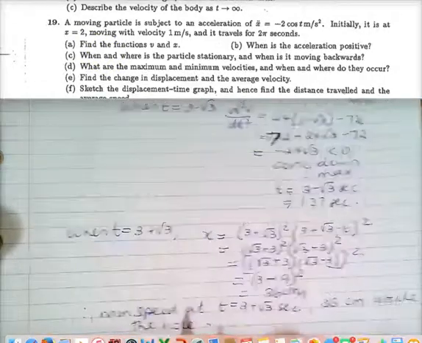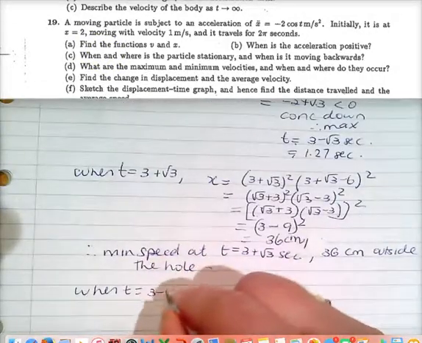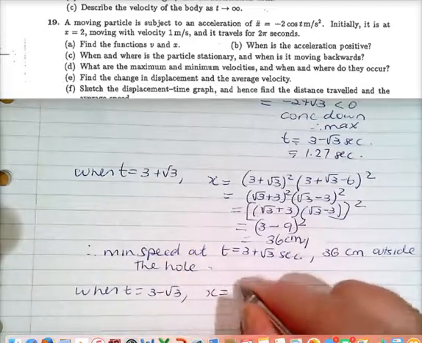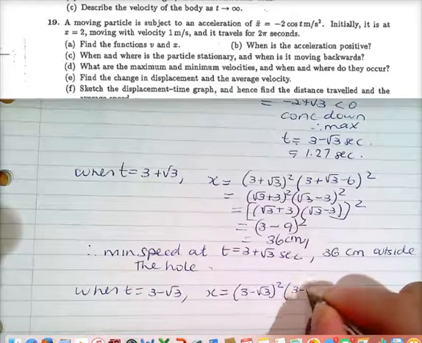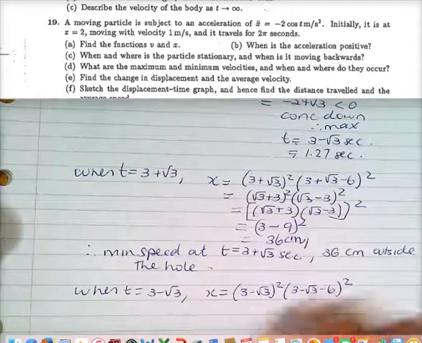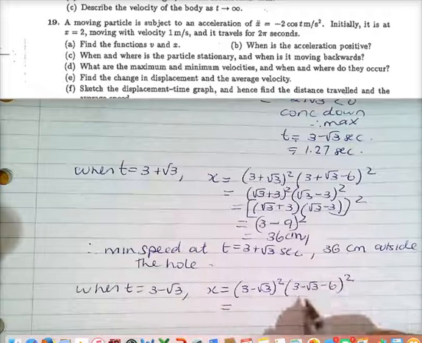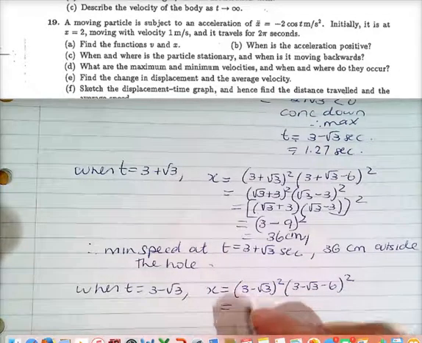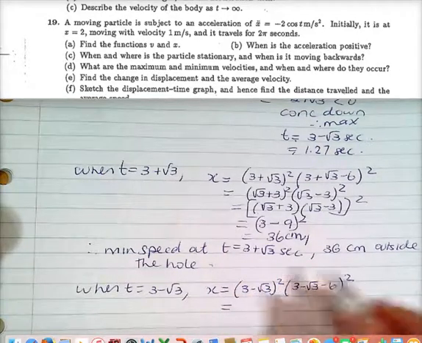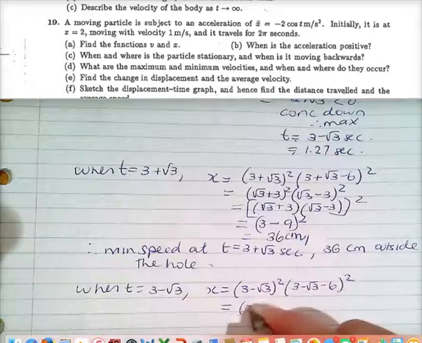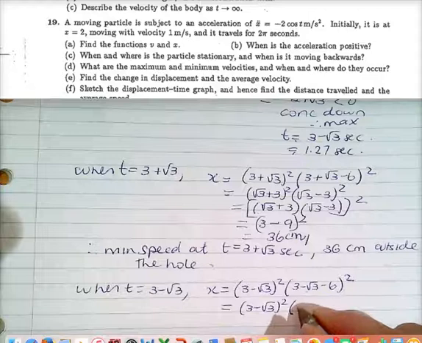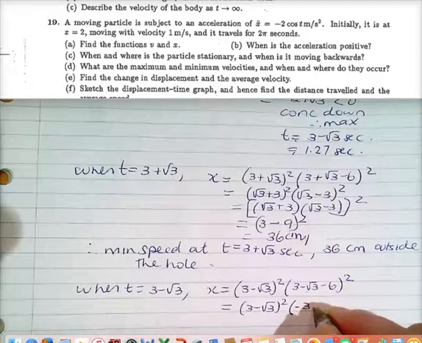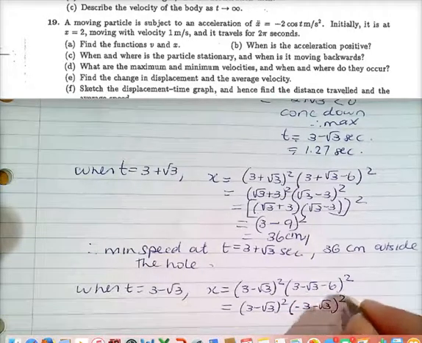When t equals 3 minus root 3, the displacement or position is 3 minus root 3 squared times 3 minus root 3 minus 6 squared, which is 3 minus root 3 squared and negative 3 minus root 3 squared.